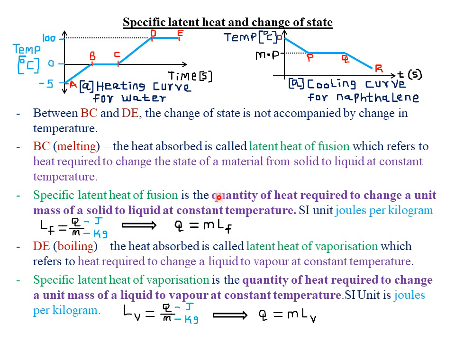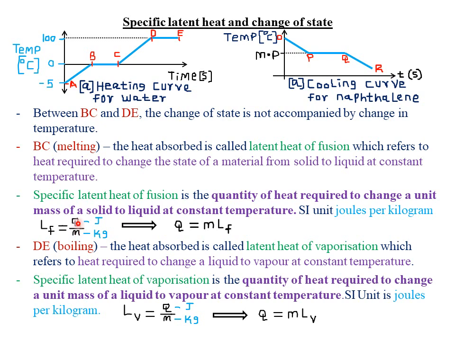From this definition, we can see that the specific latent heat of fusion, denoted by LF, will be given by the quantity of heat that is absorbed during that process divided by the mass of the solid. For example, in this case, we are talking of the solid ice, so divided by the mass of the ice that is changed into the liquid state.